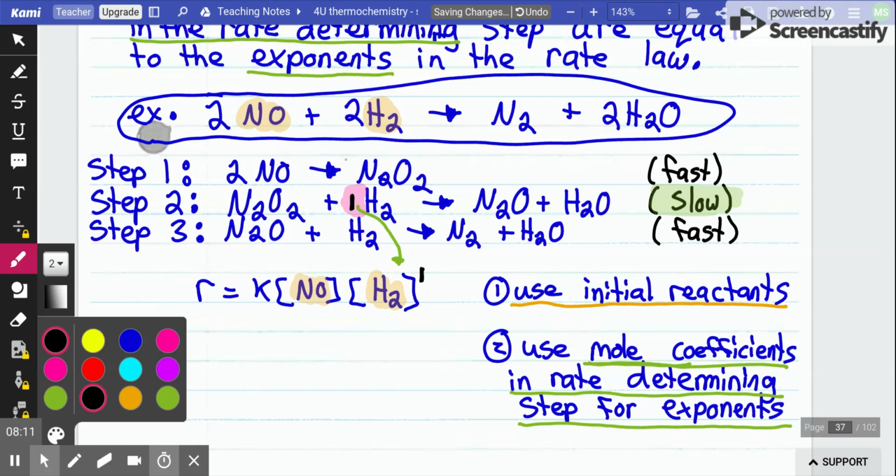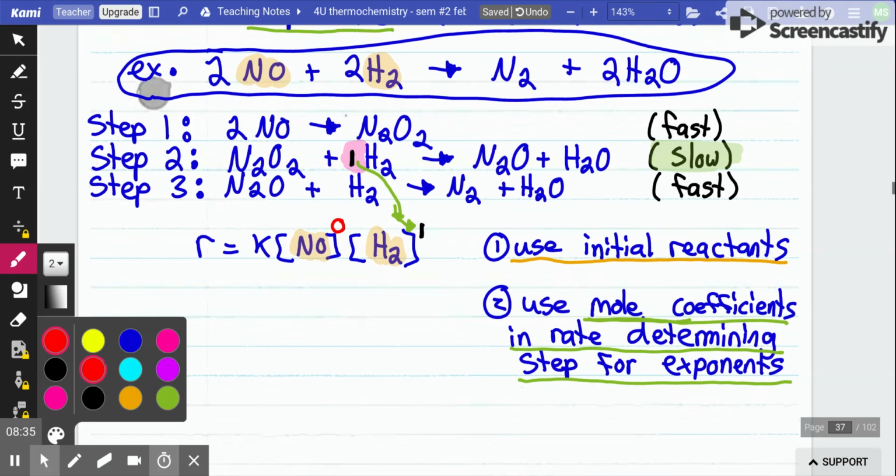So that 1 comes here. I guess this arrow should continue to here. Now, nitrogen monoxide, however, is not in the rate determining step. So because it's not in the rate determining step, it has an exponent of 0. And we'll just write that in here.